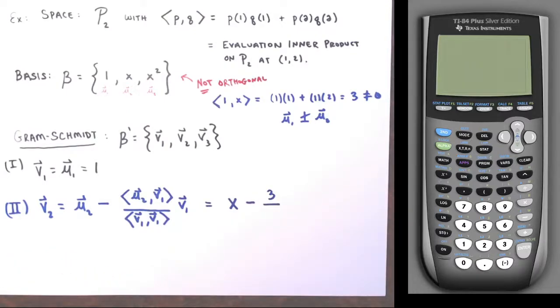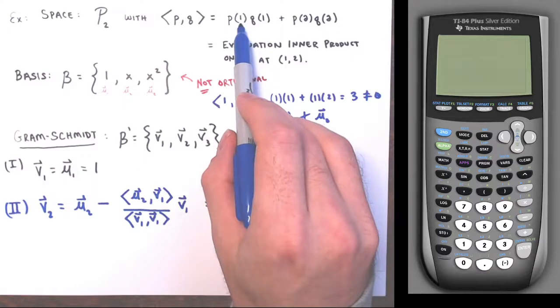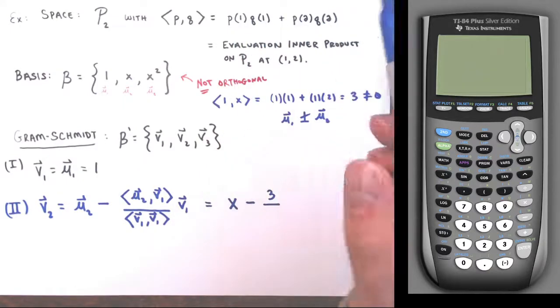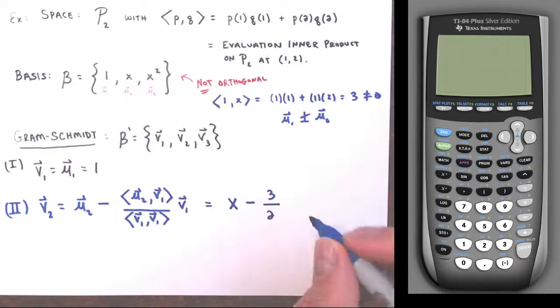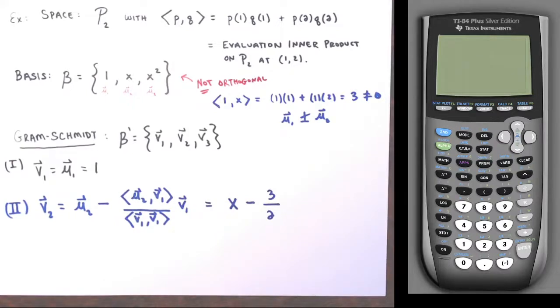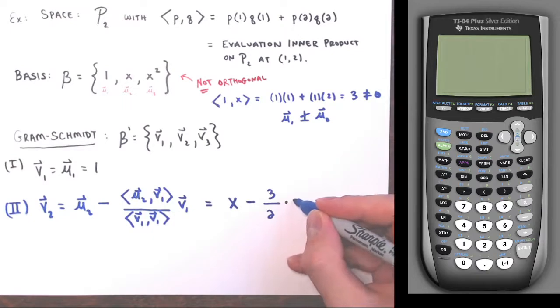And the denominator, what is the inner product of v1 with v1? Again, v1 is just 1. So this is going to be 1 times 1 plus 1 times 1. 1 plus 1 is 2. The inner product of v1 with v1, using this inner product, is 2. So minus 3 halves times v1, times 1.